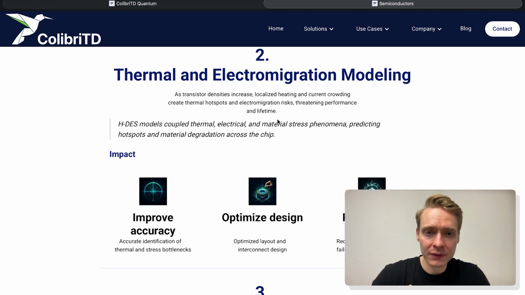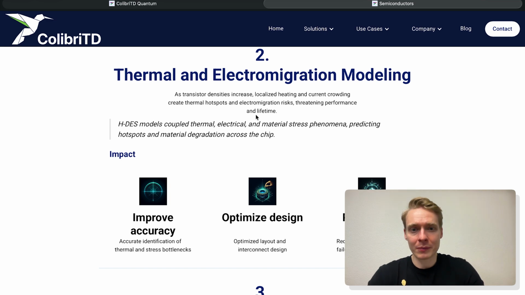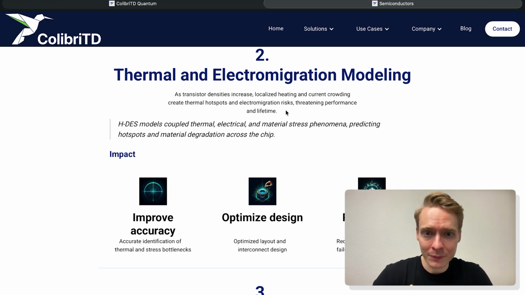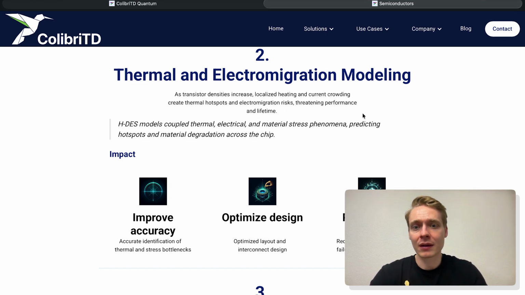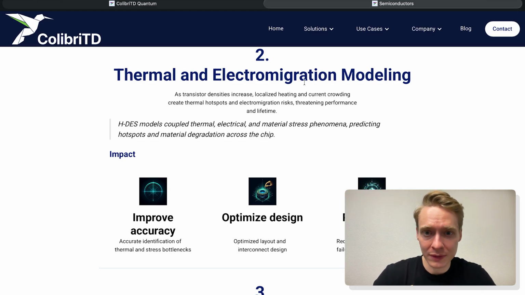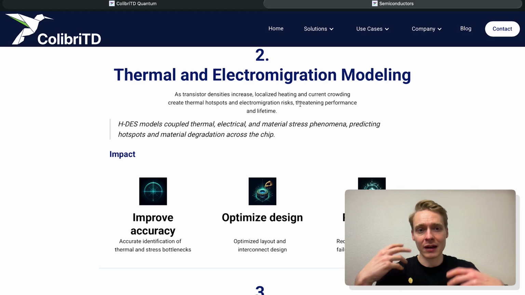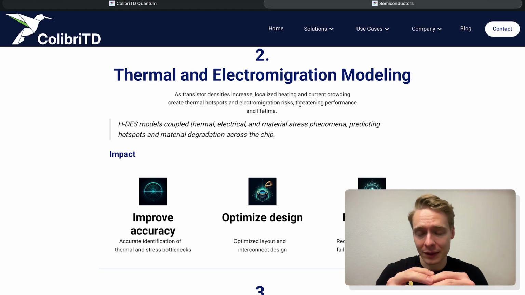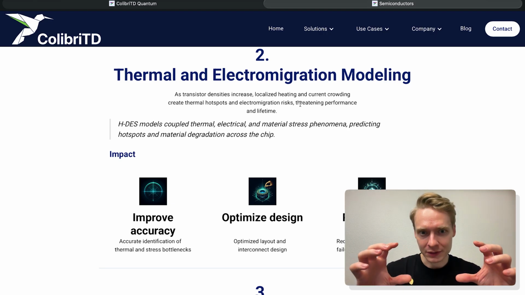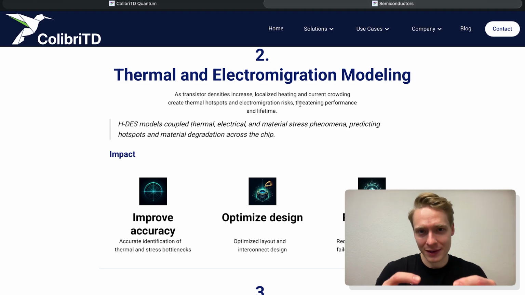Thermal and electromigration modeling. As transistor densities increase, localized heating and current crowding create thermal hotspots and electromigration risks, threatening performance and lifetime. So that, I think, has to do with the fact that if you have electrical fields, you can move charged particles, like for example ions. If you think about a semiconductor, you have these doping ions in the silicon crystal.